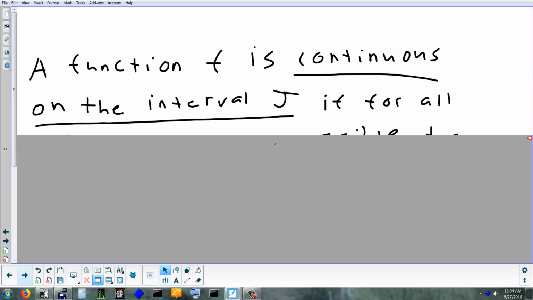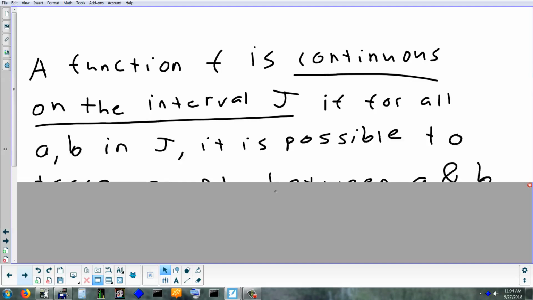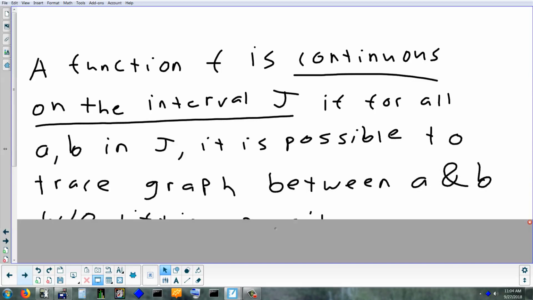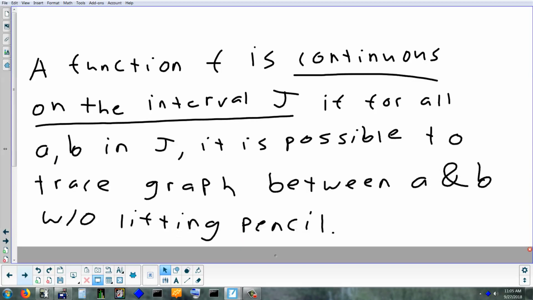So that's what I'm talking about here. Interval is a small section. So a function is continuous on an interval from a to b. A would be a starting value, B would be an ending value on the interval, if you can trace between A and B without lifting your pencil. It's not a super formal math definition, but I think that makes sense to most people.